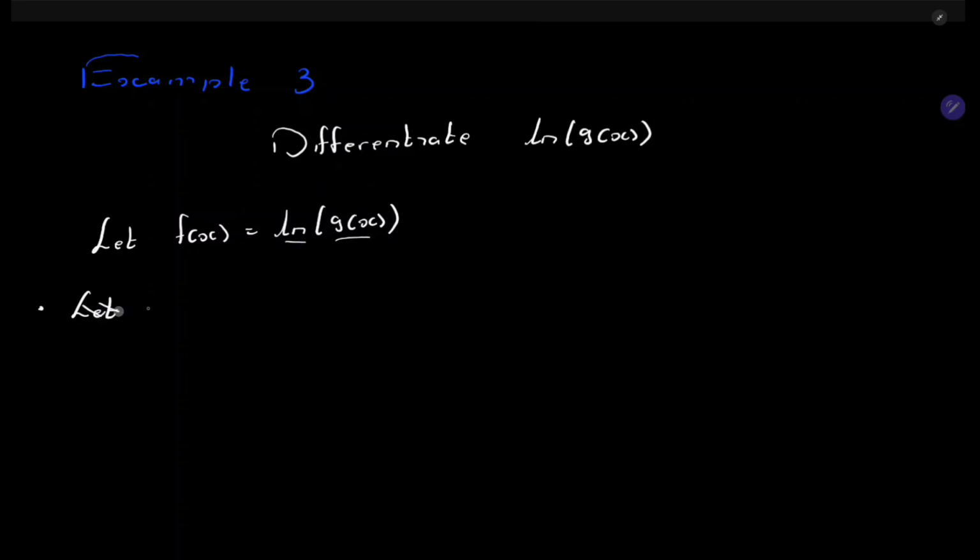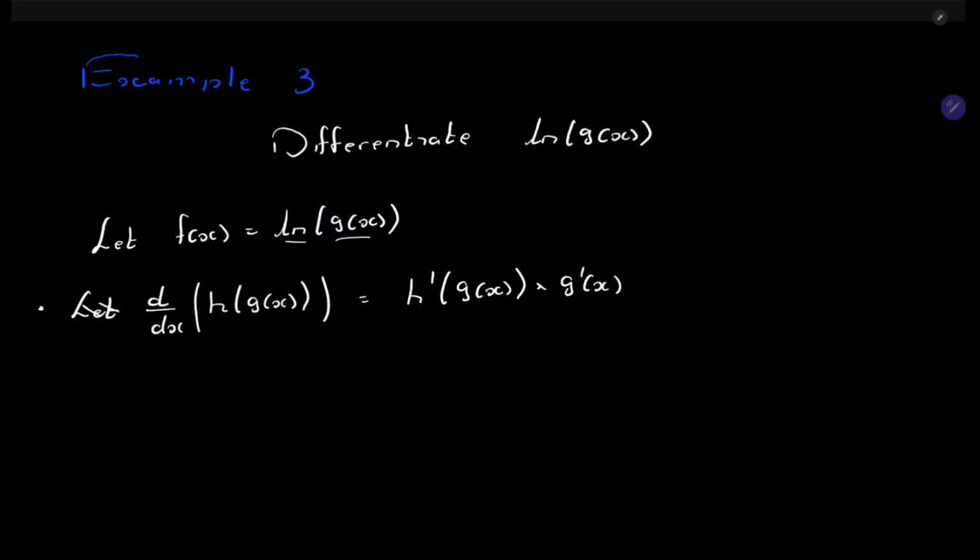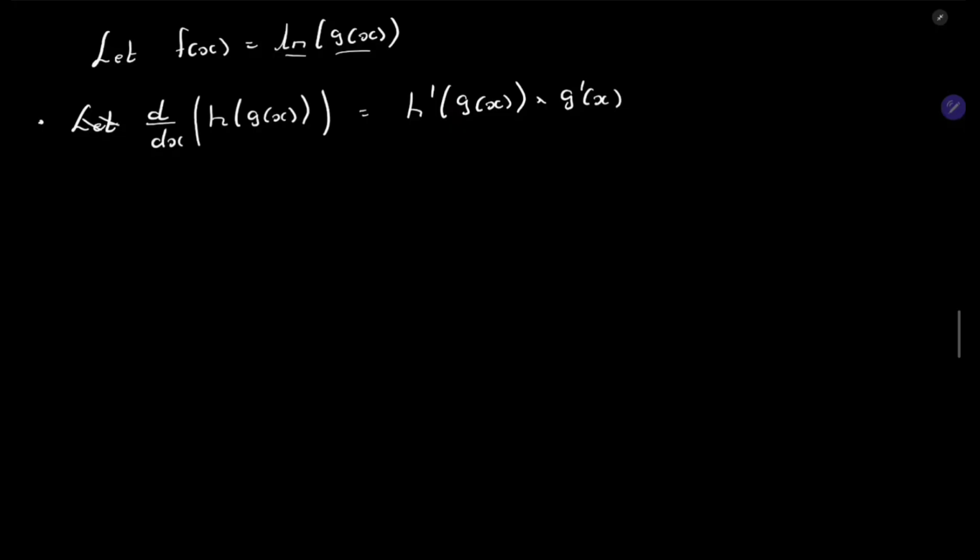So what we're recalling from our chain rule, which says that the derivative with respect to x of, this time let's use a function h of g of x, is equal to h prime of g of x times g prime of x. So first of all, we're going to calculate h prime of g of x.